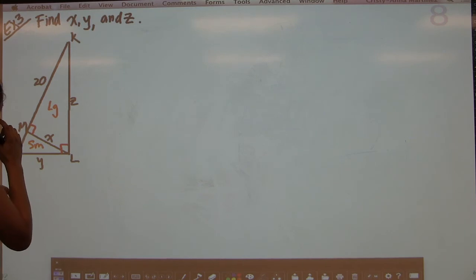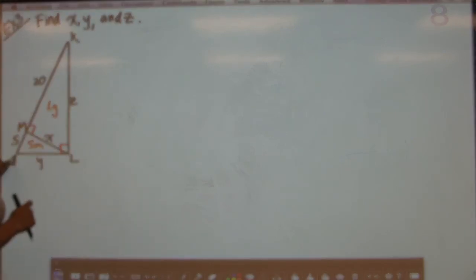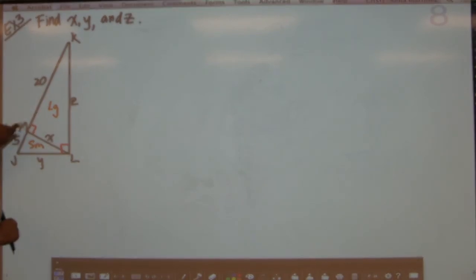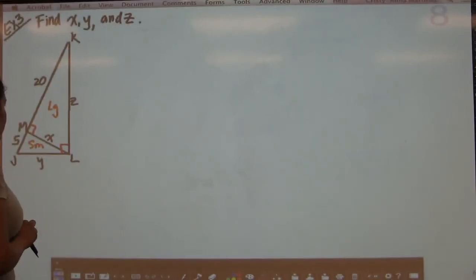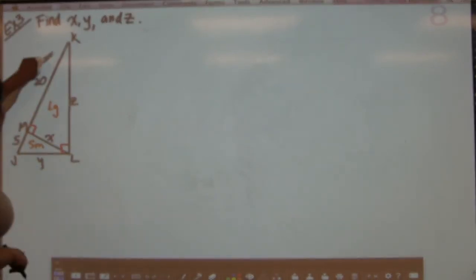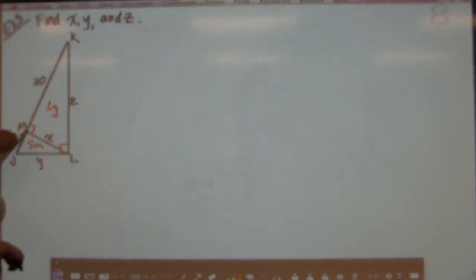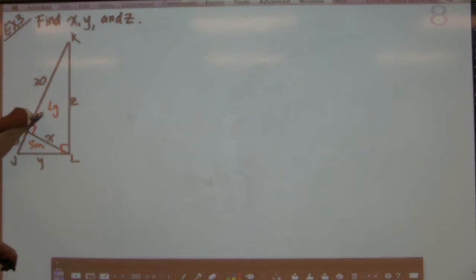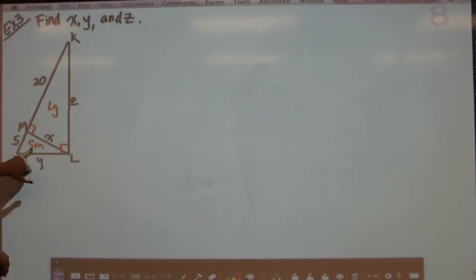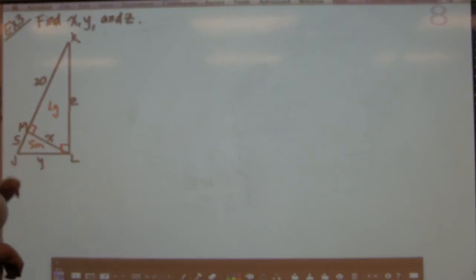We are given the hypotenuse of the original triangle because we have the length here is 20 and the length here is 5. So we have the hypotenuse of the original triangle, and we have the long leg of the large triangle, and we have the short leg of the small triangle, which is 5, and then we've got to figure out all these x, y's, and z's.